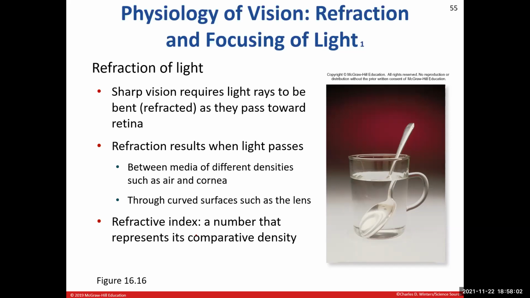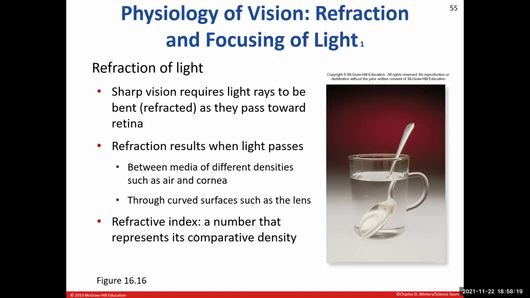That's where your cones are. The majority of your cones are located there for that sharp vision. So that's our goal. We want to bend those light rays to the point where whatever you're looking at is going to have a nice, sharp, crisp image.